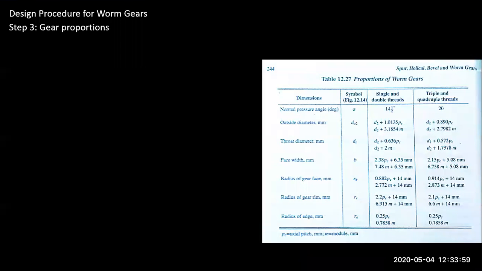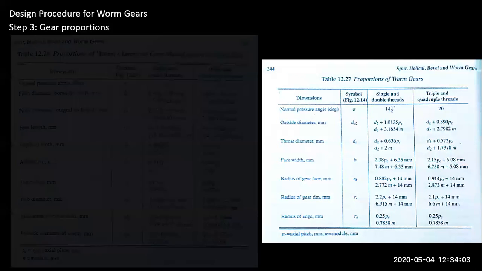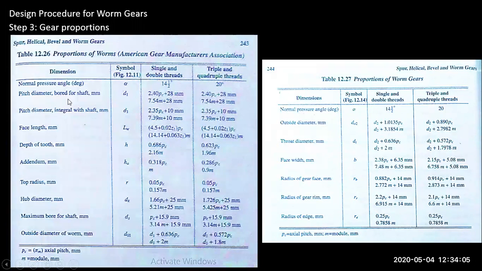Where is D1? Table 12.6. Okay, first this is for the gear. For the worm, yeah, it's here. The pitch diameter D1, we'll take this value here, 7.54, which is in terms of module.